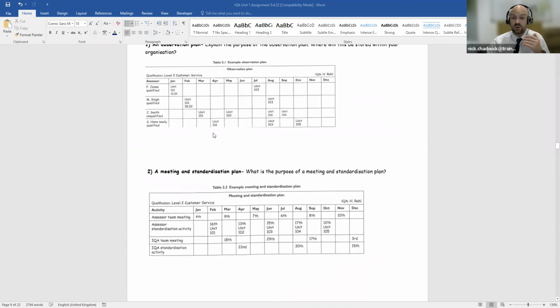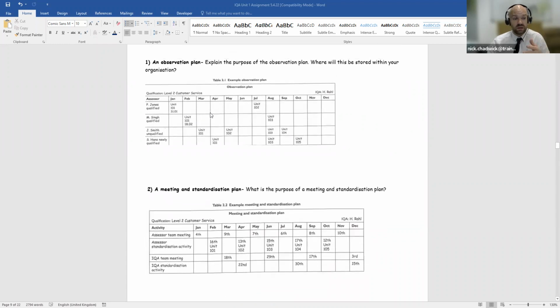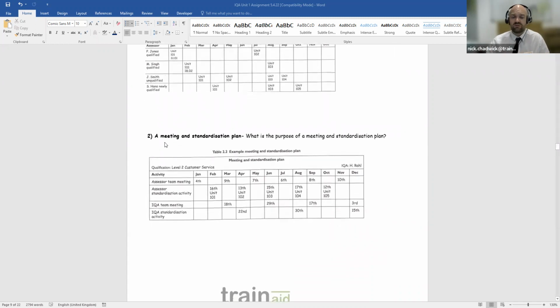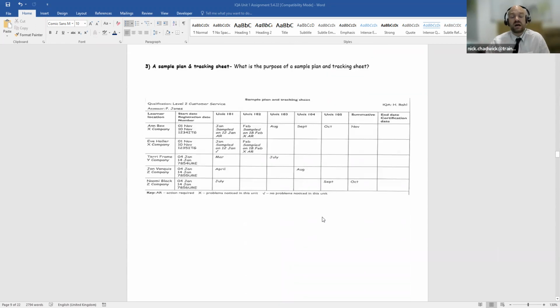That's seeing your teachers or assessors within their live working role. It could be teaching a class, or it could be conducting a one-to-one assessment with a learner. We have a meeting and standardization plan, a plan showing when you are going to meet with your team of assessors. You could also have an IQA team meeting if there are perhaps two or more IQAs within the same company as you. And we also have a sample plan and tracking sheet as well.